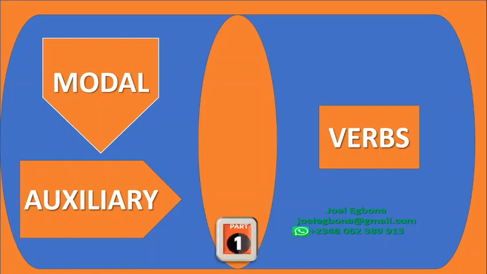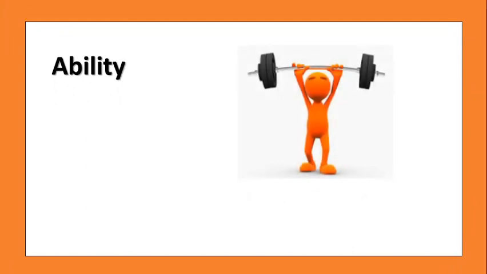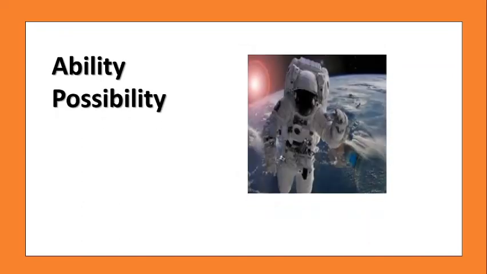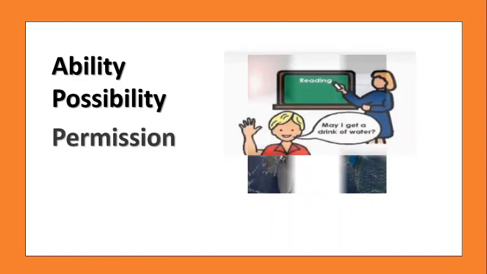What do we use these modal auxiliary verbs for? We have the one that is used to show ability. I can do something. The ability, you have the power, you have the ability to do it. We also have the one that will help us to show possibility. It is possible to travel to space. Apart from this, we have the auxiliary verb that will help us to show permission.